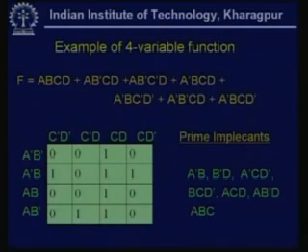Now, which one is A dash C dash? A dash CD dash. See, CD dash means the last column, and A dash is fixed, that means for this couple this is A dash CD dash. Now, B CD dash, CD dash means again the last column, and see the second row and the third row, the B is common.